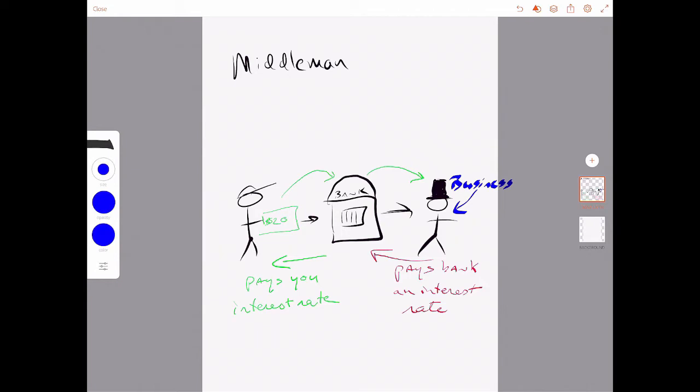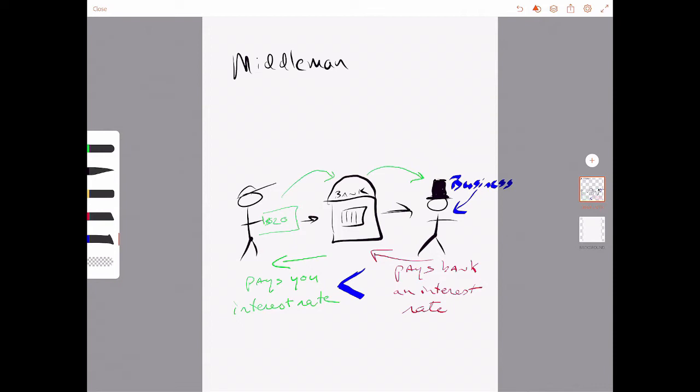Of course, the bank has to pay you to provide an incentive for you to save your money, and the business needs to pay the bank an interest rate because the bank needs an incentive to lend the money. And so what happens is the bank makes a nice tidy profit because the interest it pays you is less than the interest the business pays the bank.